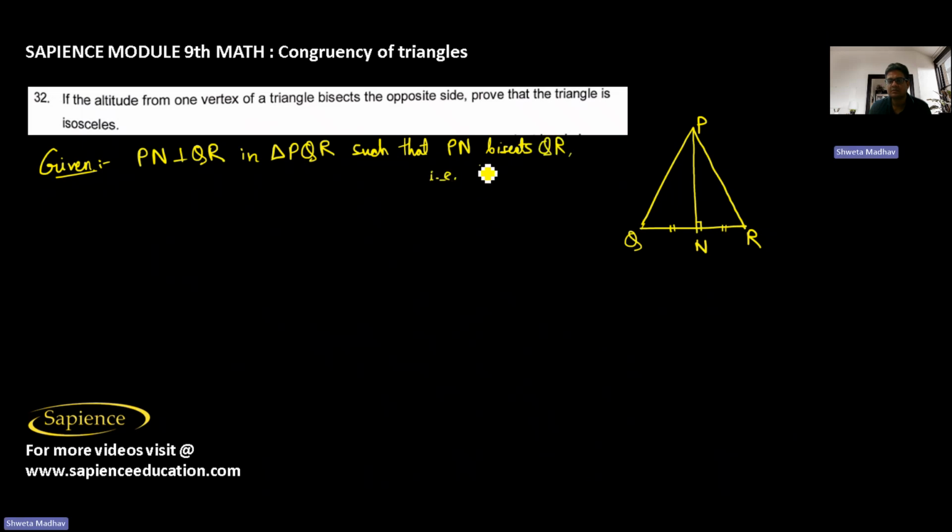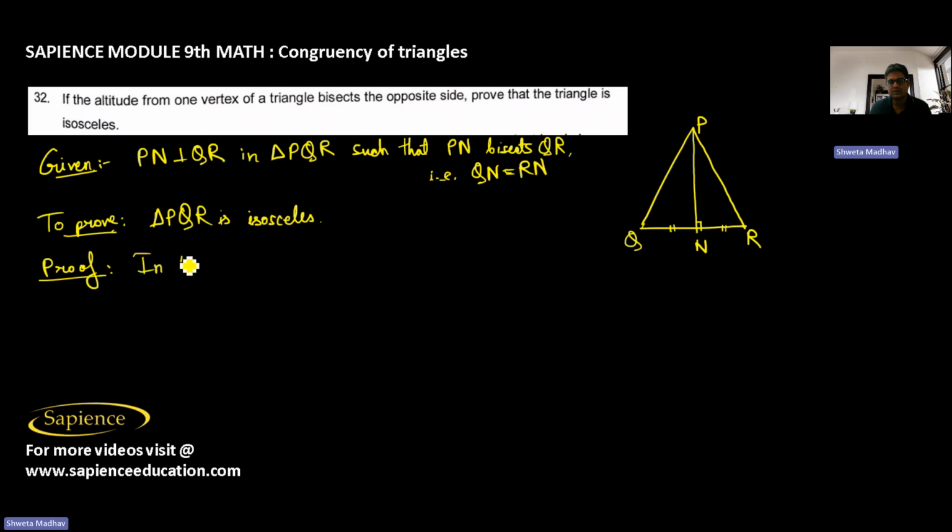That is, QN equals RN. It bisects the opposite side, and you have to show that this triangle is isosceles. So we have to prove that triangle PQR is isosceles. So the proof will be like this.